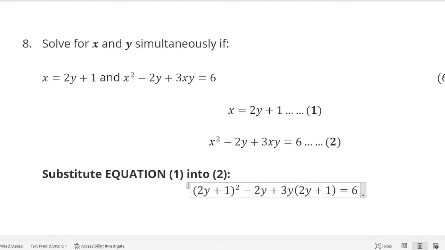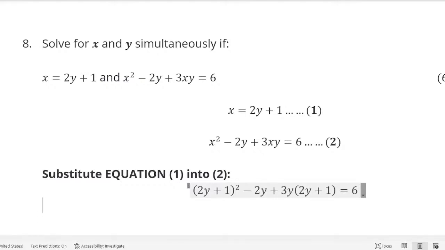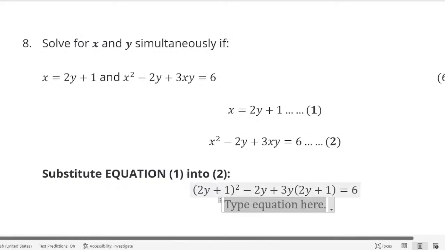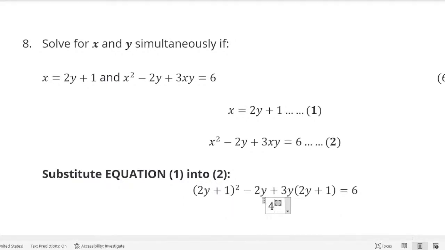So let's simplify. Here I will do this one by inspection. I will say 2y times 2y is 4y squared, right?